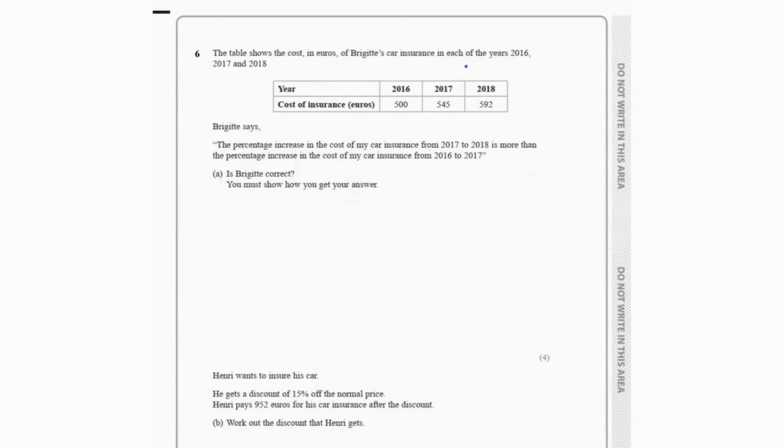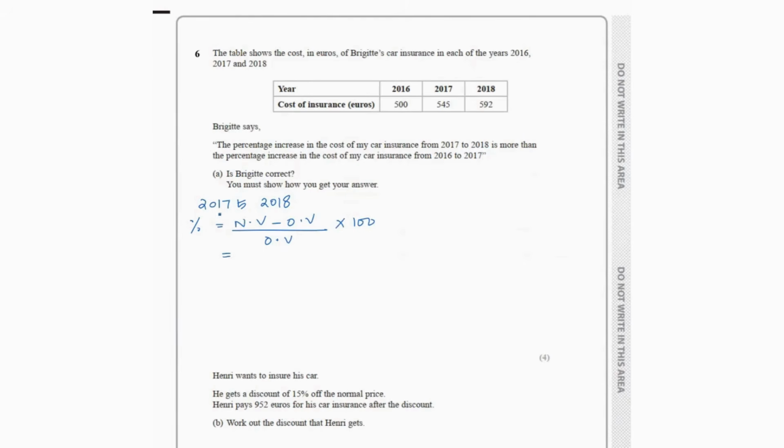So for this, you will find the percentage increase from 2017 to 2018, and then from 2016 to 2017, and then compare and see whether she's right or not. So if we start from 2017 to 2018, percentage increase has the formula of new value minus the old value divided by old value times 100.